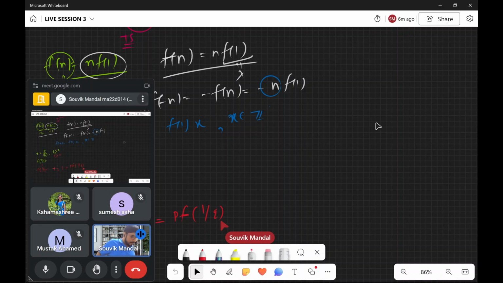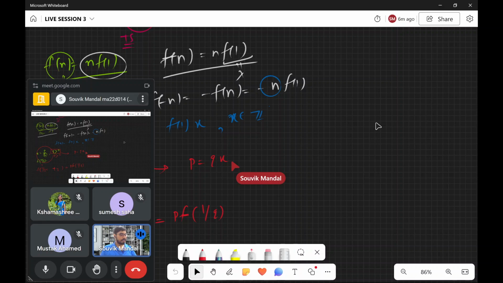Good try, but then tell how you will get f of x. Instead of going in this direction, you can take q times x.